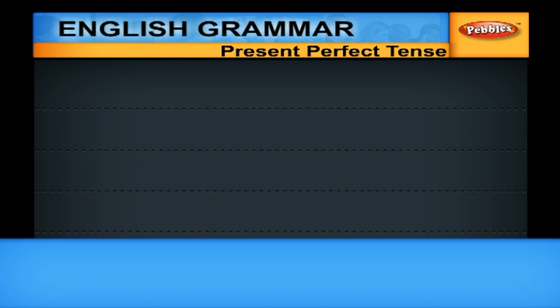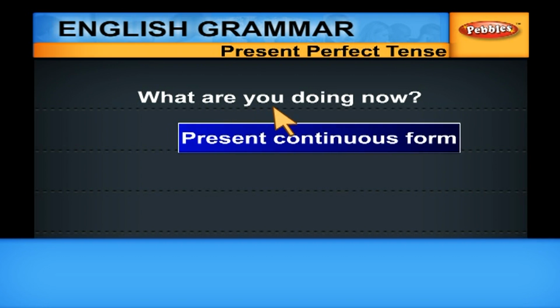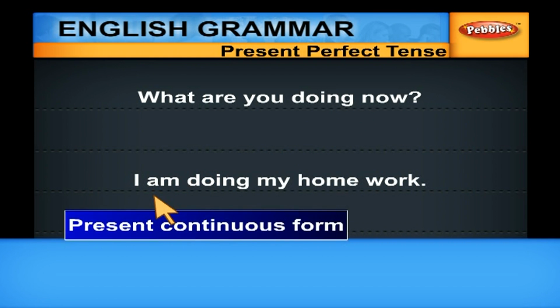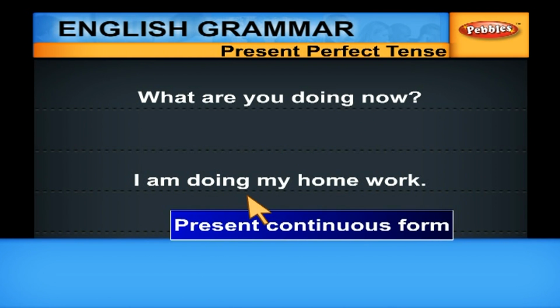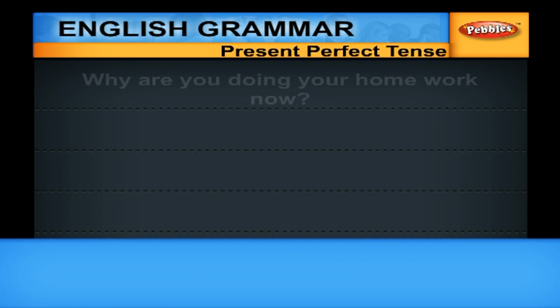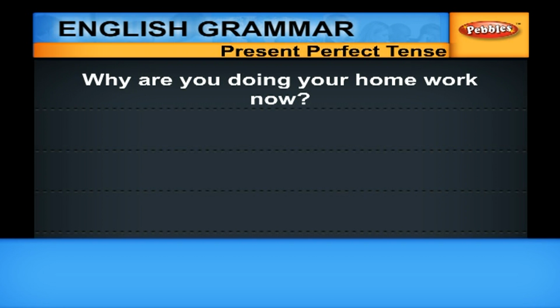So, we have seen three constructions here. What are you doing now? It is in present continuous form. I am doing my homework. Again, it is in present continuous. Why are you doing your homework now?